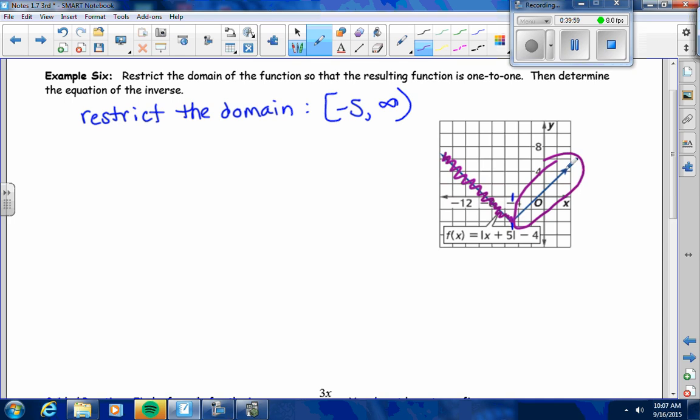Now, if we're just looking at that portion of the graph, that's the positive portion of the absolute value of x plus 5. If we're just looking at the positive of that, then that's y equals x plus 5 minus 4, which is y equals x plus 1.